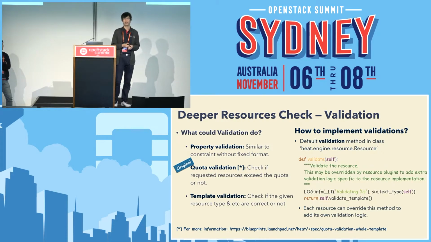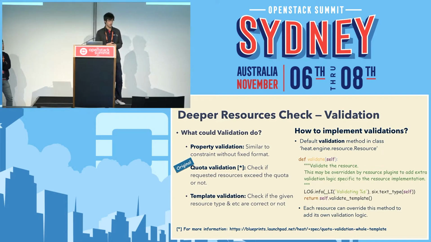And how do we implement the validations? In the base resource plugin class, there is a method named validate. Our own resource plugin inherits from the base resource class, so we can override the validate method with new ones, and then we can use the validations.